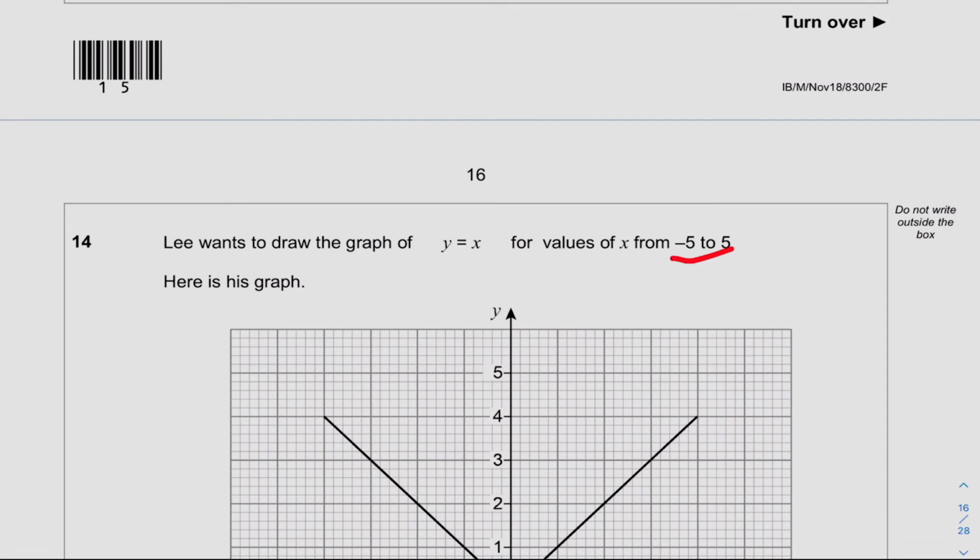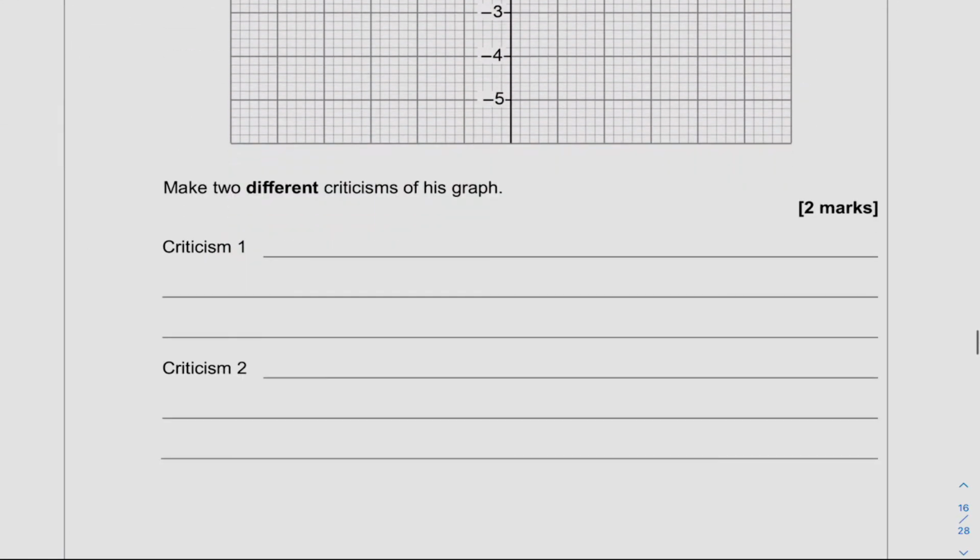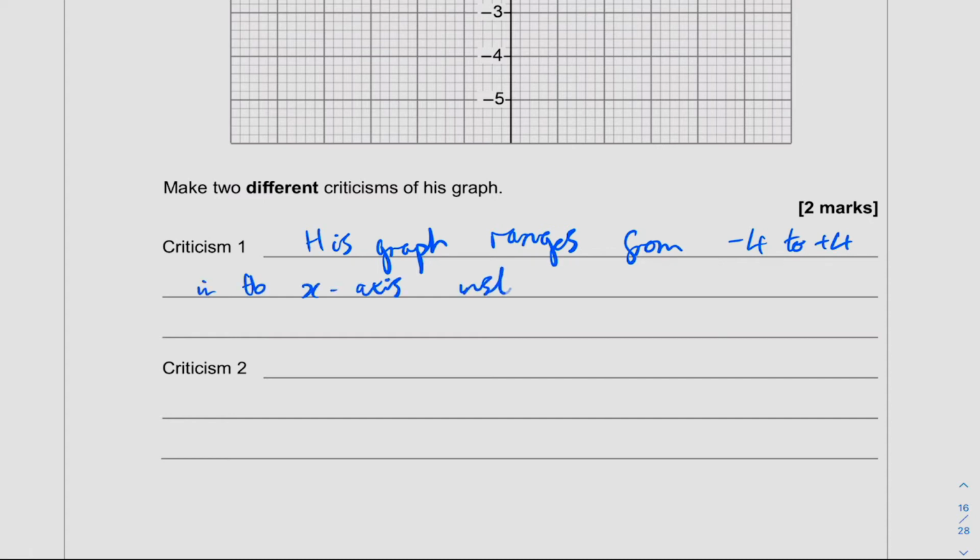He's meant to go from -5 to 5, so his graph ranges from -4 to +4 on the x axis instead of -5 to 5.